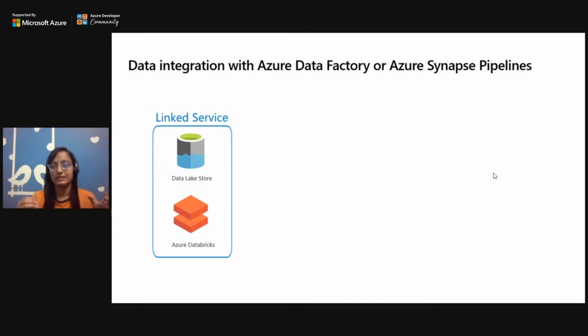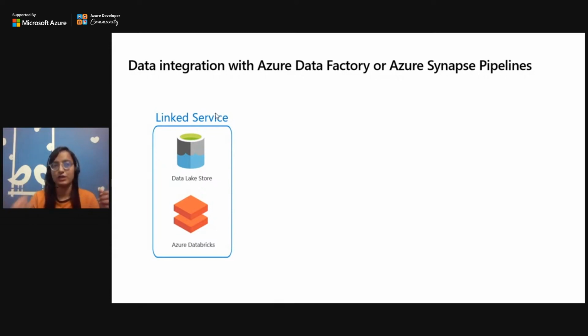So in this linked service, I am going to define my source or my data store detail, the name of my service and the credentials. For example, here I want to connect with Data Lake storage. Data Lake storage is a storage service that is available on the Azure platform itself. So you need to first build a linked service where you define your storage detail, because within your Azure you could have multiple storage accounts available. So how is your Data Factory going to understand that I need to pick up the data from this storage?